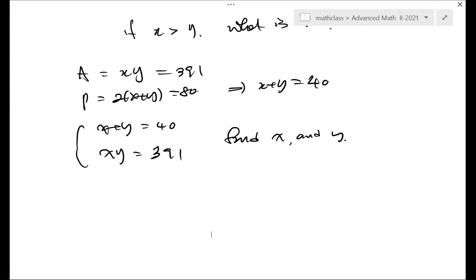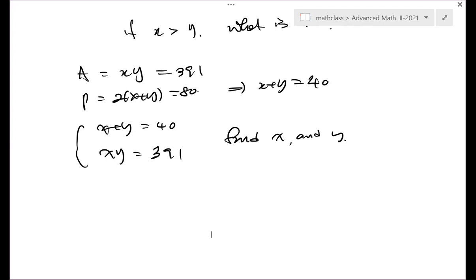Anyone has an answer? Crystal? Can you find the x and y from these two equations? Okay, there are a couple ways to solve this, and this is algebra, right?